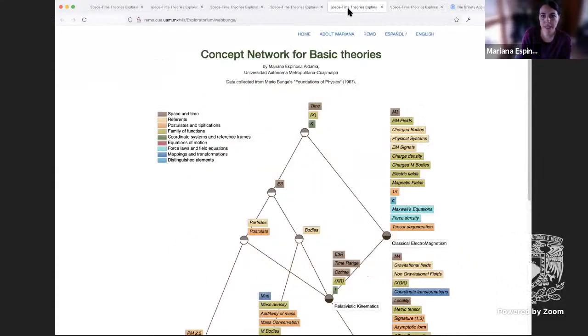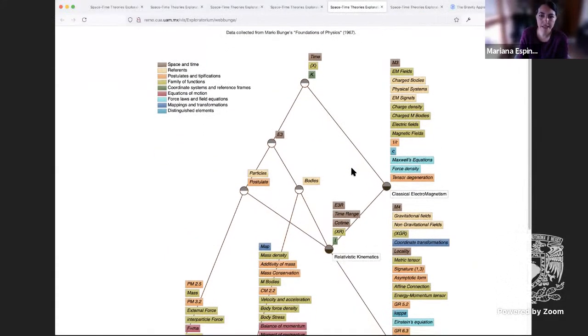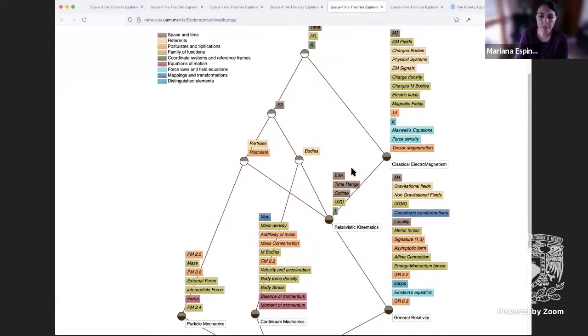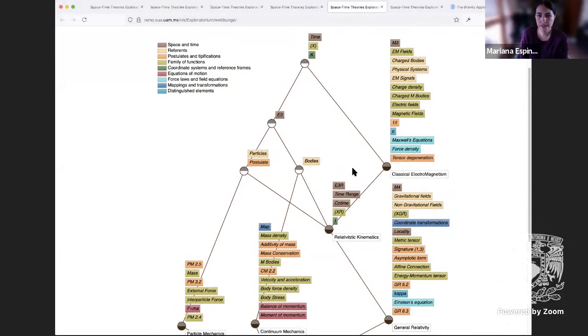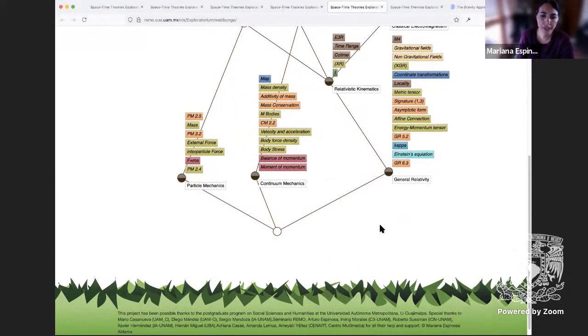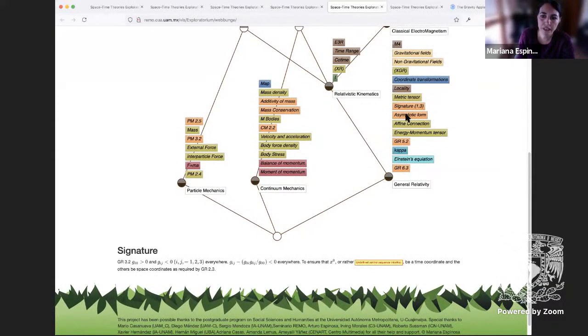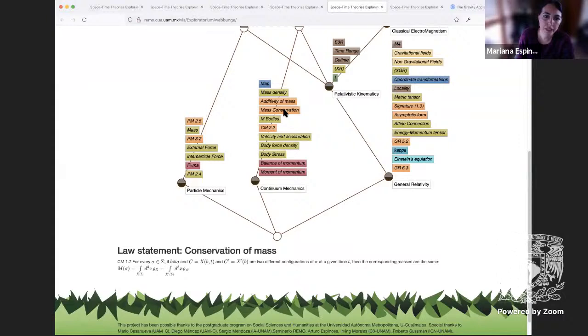Okay, so another network that I have here is based on Mario Bunge's axiomatization of physical theories, in his Foundations of Physics of 1967. And what you can see here is that if you click on any attribute, the information window shows all of the axioms that correspond to that concept, that attribute.